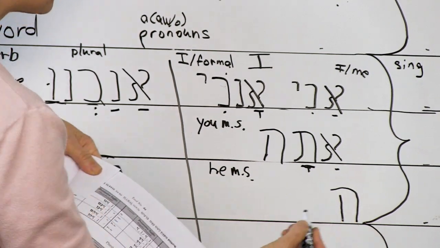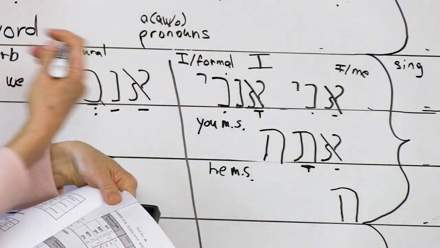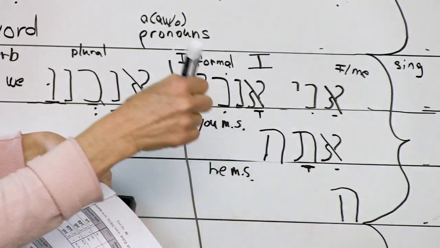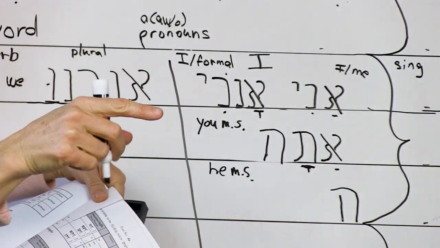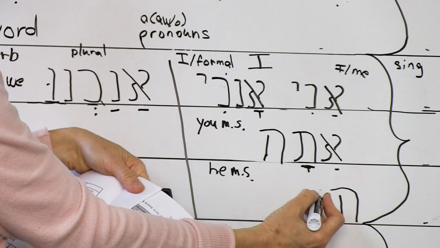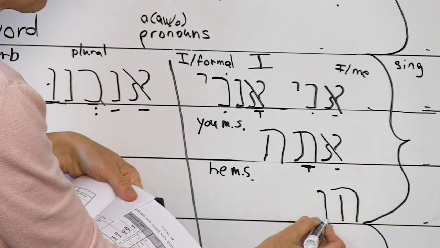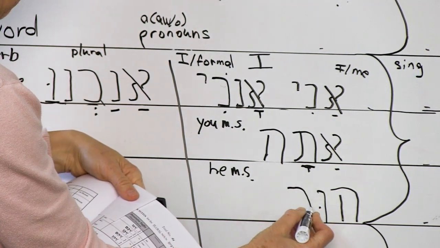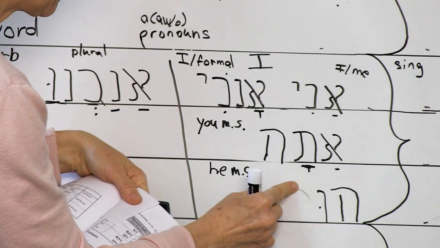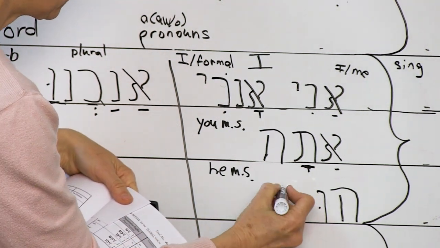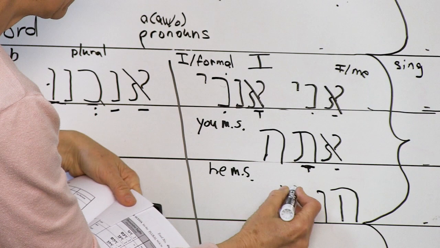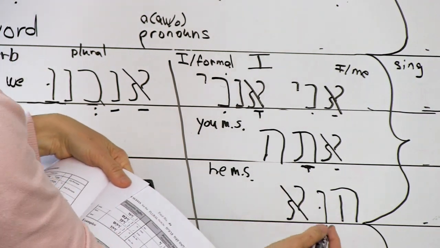If you see any of these words, you know: ani means I or me, ata means you, masculine, and hu means he.